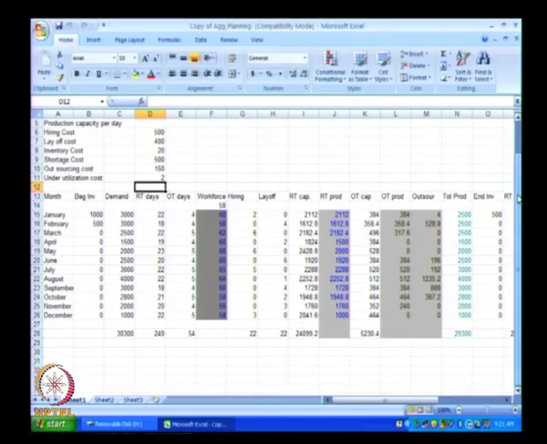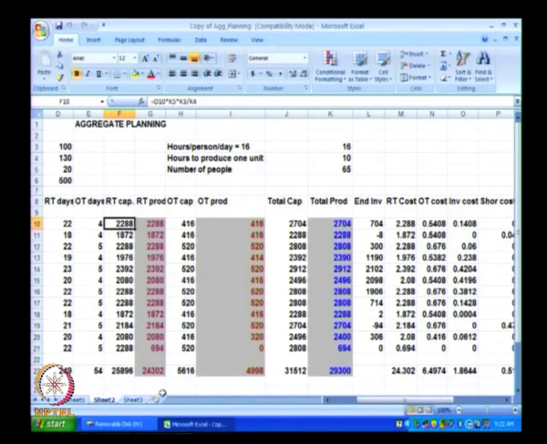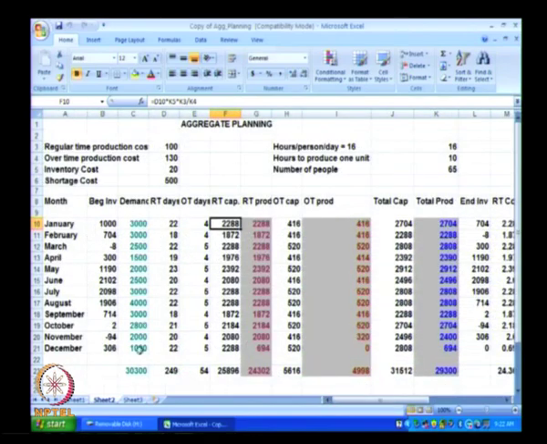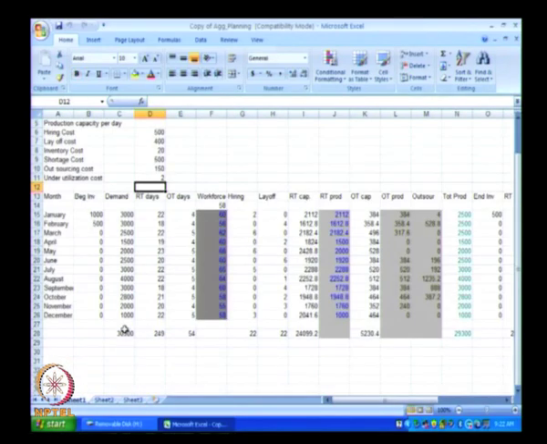Same problem we consider here. We consider the same demands of 3000, 3000, 2500, 1500, etc. Same demands we consider, 30,300 is the total demand. Regular time days are the same, overtime days are the same. Now in this model we are trying to include the workforce that is available.